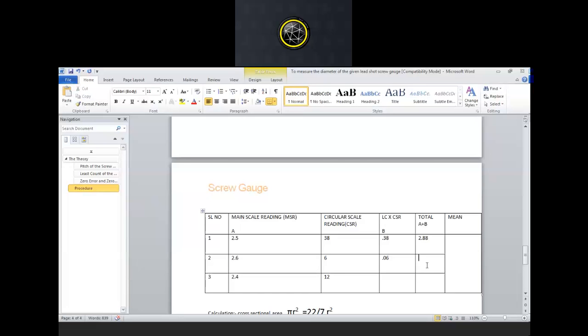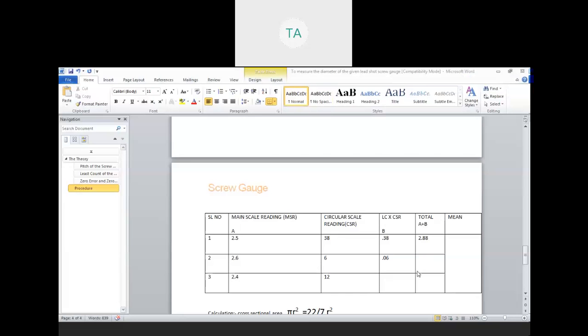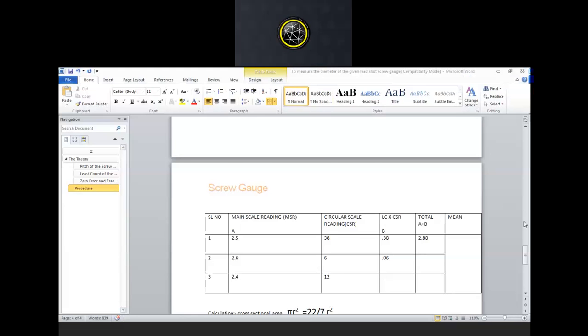Yes, 0.06. Next, total. Yes, it is 2.66. Next one.